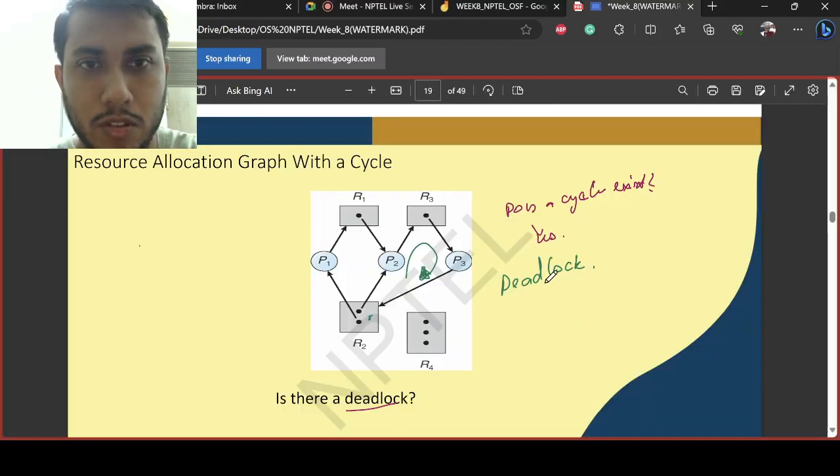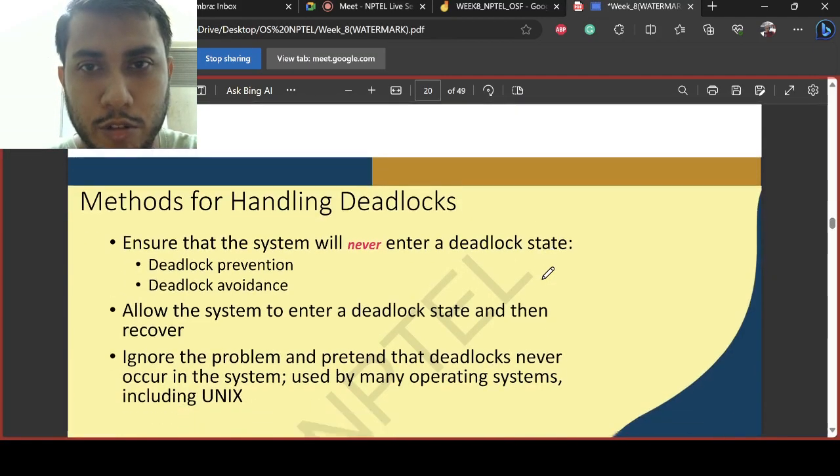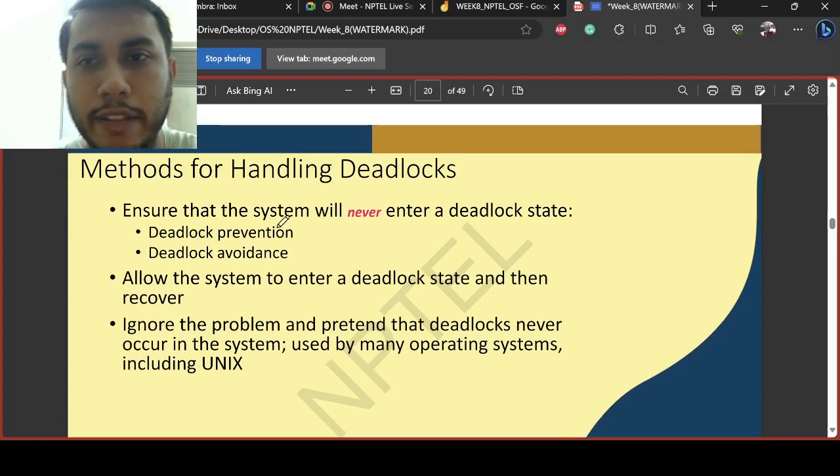Okay, so let's get to some other issues. So there are three ways to handle deadlock.